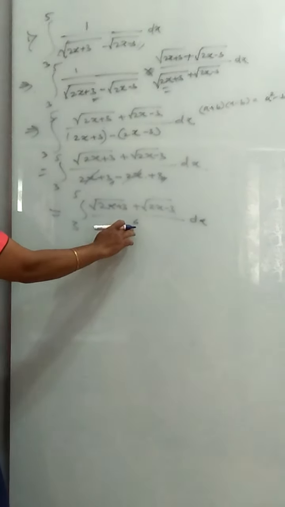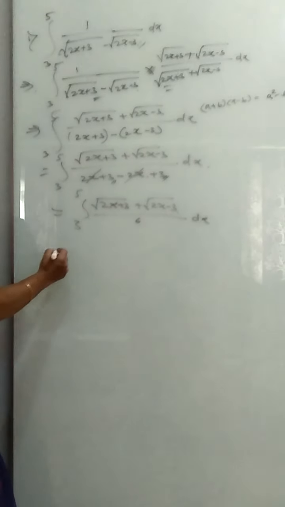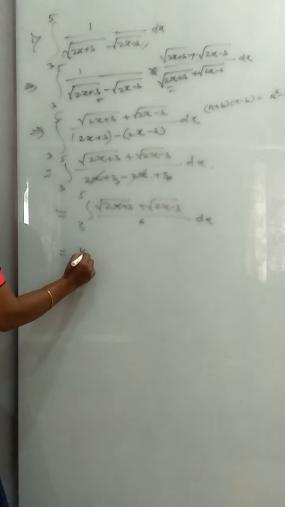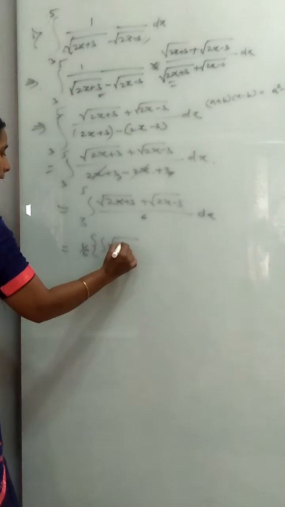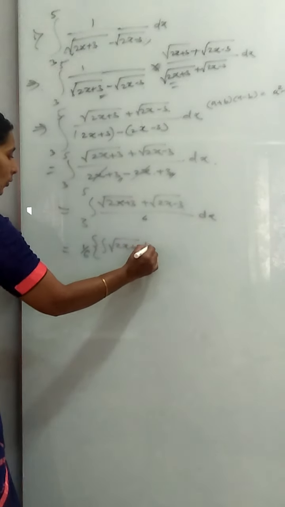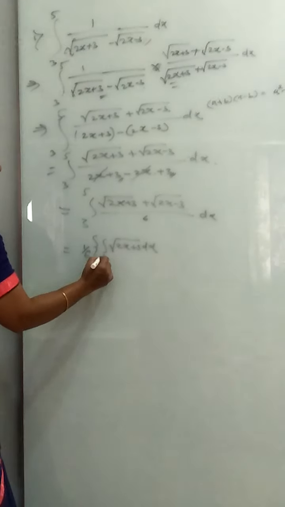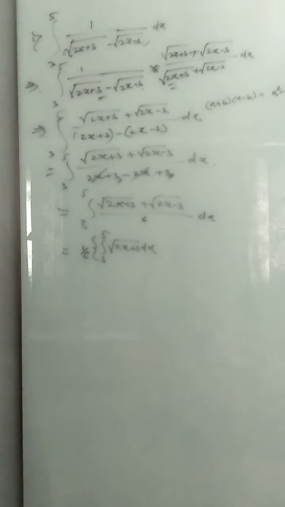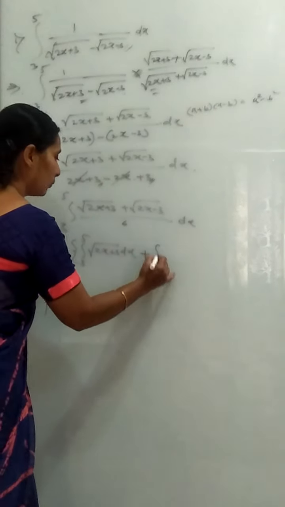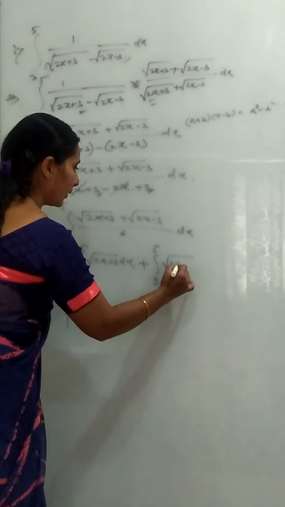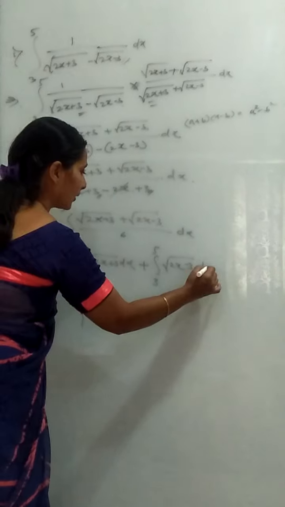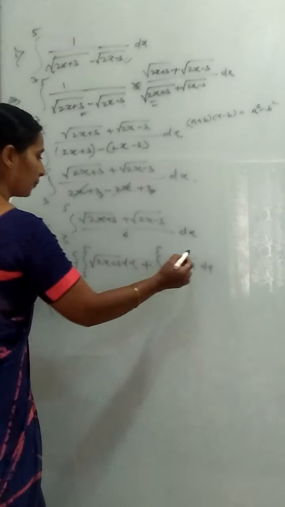1 by 6 is a constant, so take it outside the integral. Our integral becomes 1 by 6 times the integration of root of 2x plus 3 dx, with limit 3 to 5. Also, for the second term we write the integration of root of 2x minus 3 dx, with limit 3 to 5.